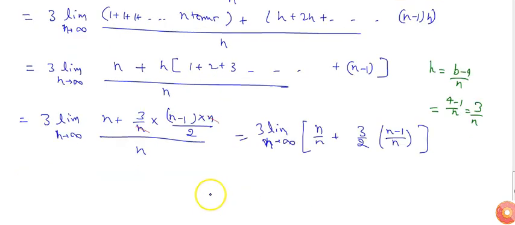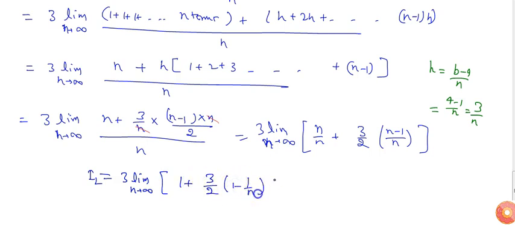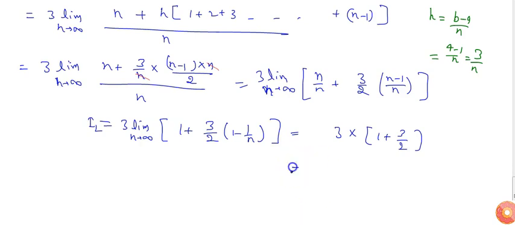So I'll get I2 equals to 3 limit n tends to infinite, it will become 1 plus 3 by 2 into 1 minus 1 by n. So if I put the value of limit, I'll get 3 into 1 plus 3 by 2, so it will be 15 by 2. So our I2 is 15 by 2.